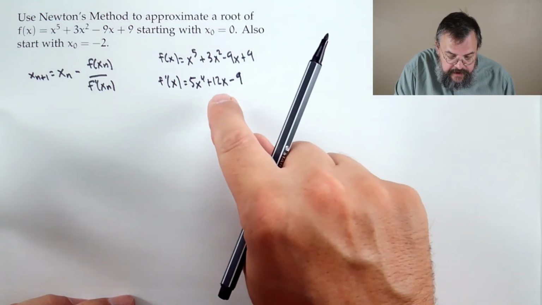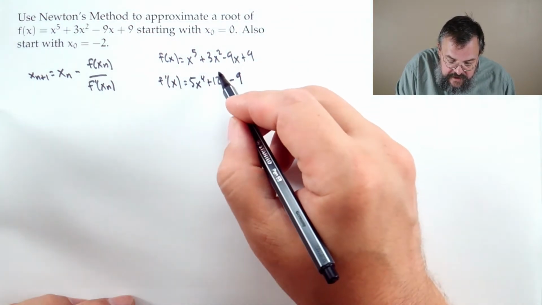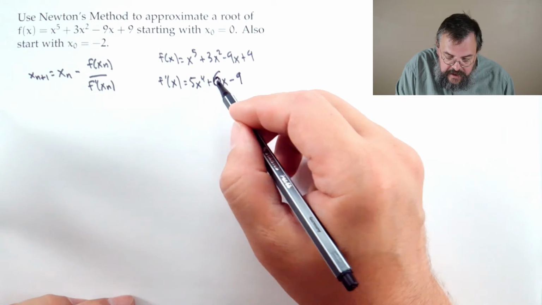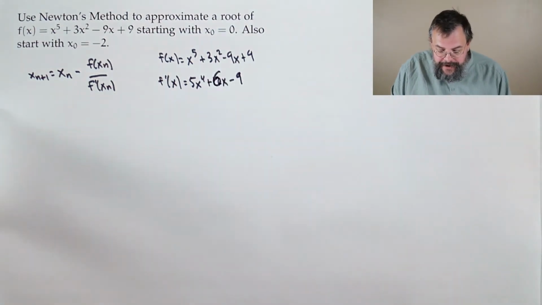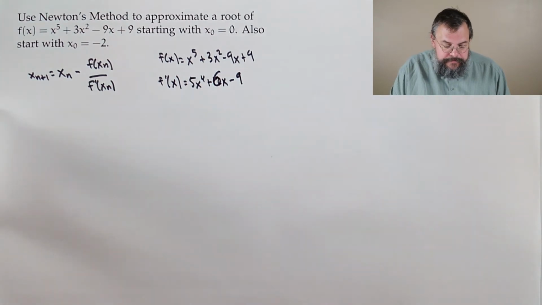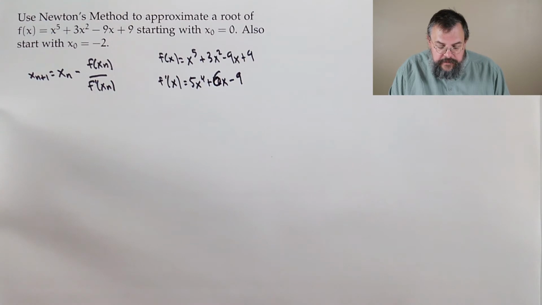Whoops, not plus 12x. Plus 6x. Sorry. There we go. Right? The 2 comes down. All right. Well, let's figure this out.